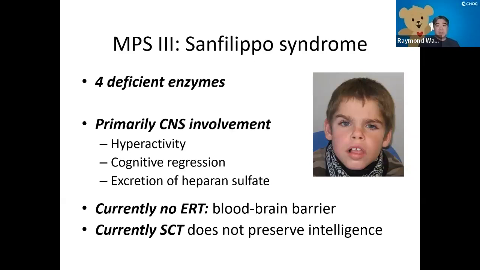Question is, at what stage should enzyme replacement therapy be considered, and is it ever too early, and is it ever too late? Good question. MPS enzyme replacement therapy is a little different from, say, late onset Pompe disease or Fabry disease, in that for those conditions, I tend to wait.